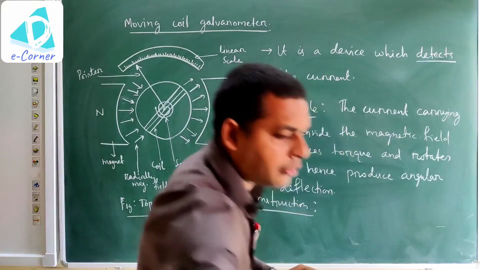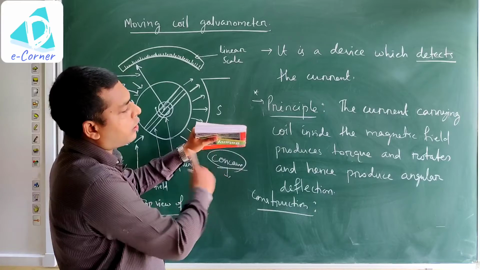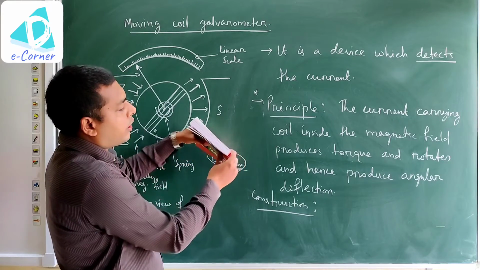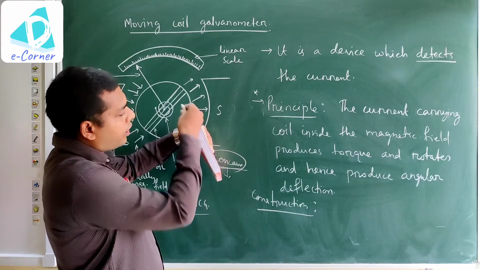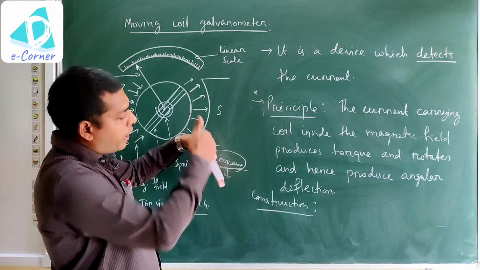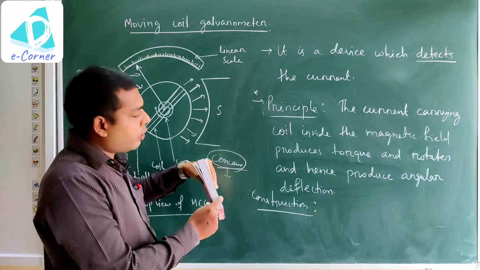If the plane is like this, this one is the rectangular plane, then the magnetic field is also like this. If it becomes like this, then again the magnetic field is like this. So always the magnetic field and this plane will remain parallel. Got my point?